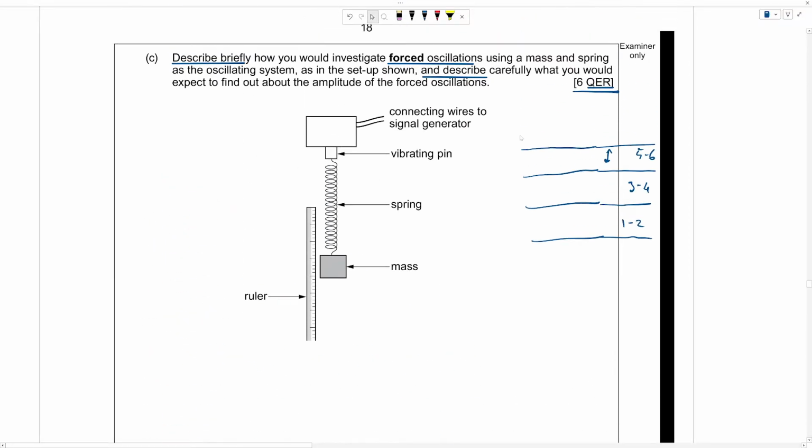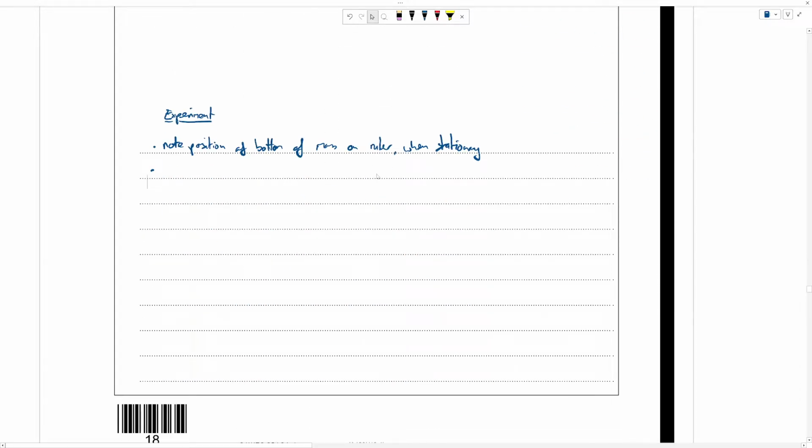Then we might turn on our signal generator at a very low frequency.